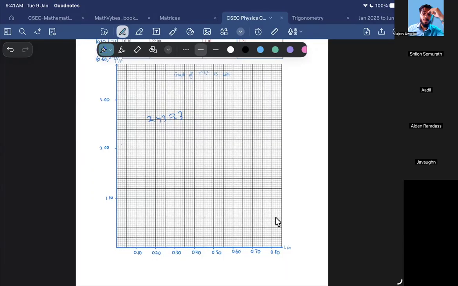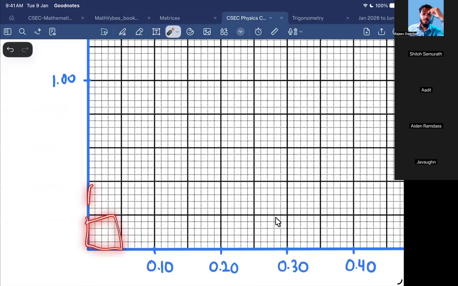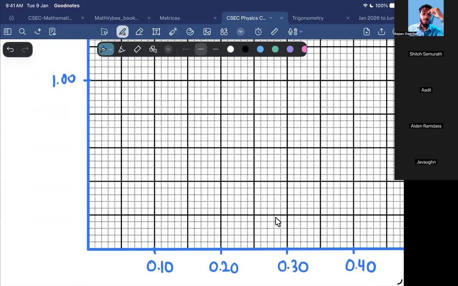Now we need to figure out what these smaller increments are. So Adil, how many big blocks do we have here? 5. So we have 5 big blocks equal to what? 1. So how would I find 1 block?